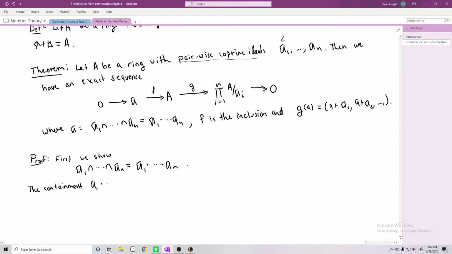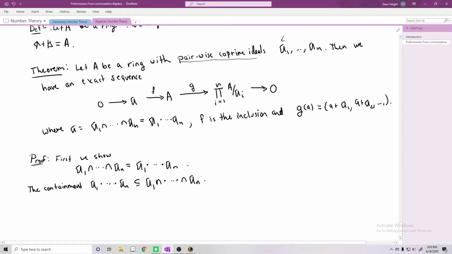The product of these ideals is contained in every a sub i, not every single ideal in my ring A, so it's certainly contained in the intersection. Since ideals have the absorption property, this product is contained in every a sub i, so it's contained in this intersection.